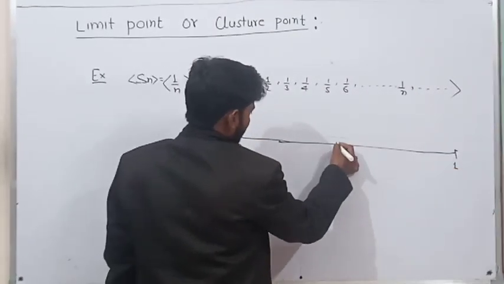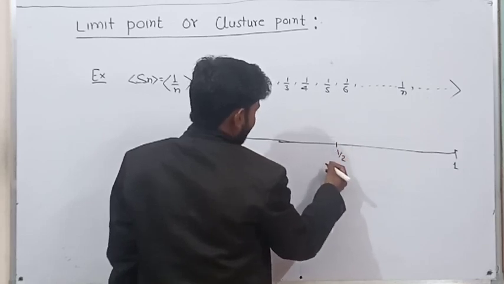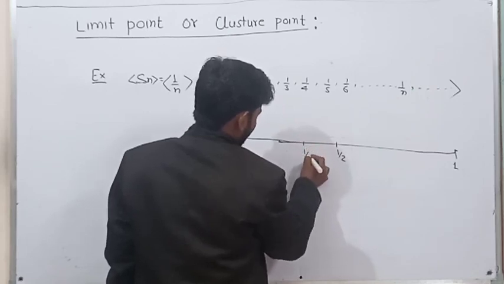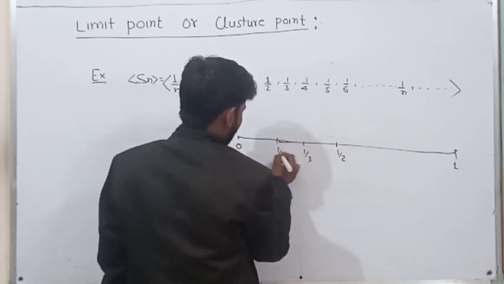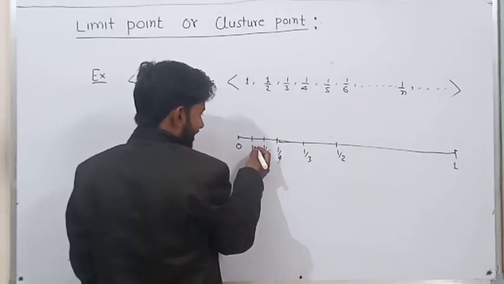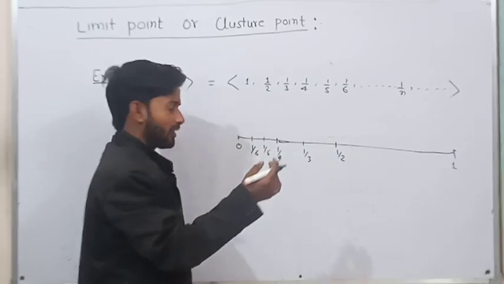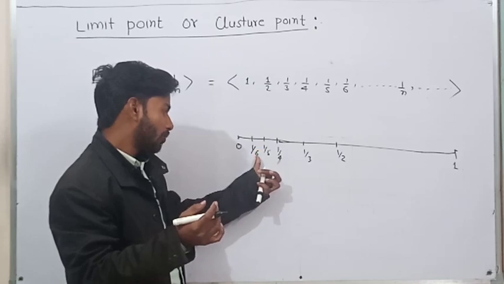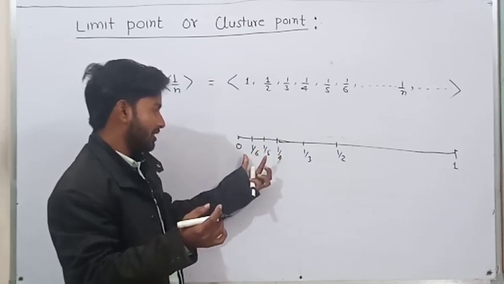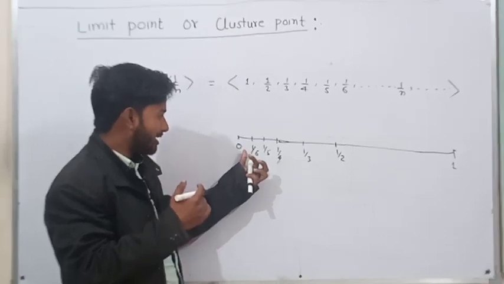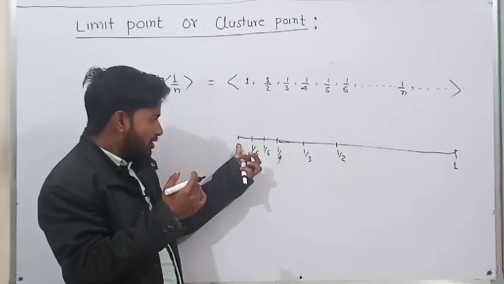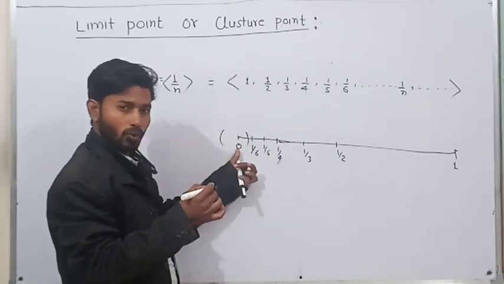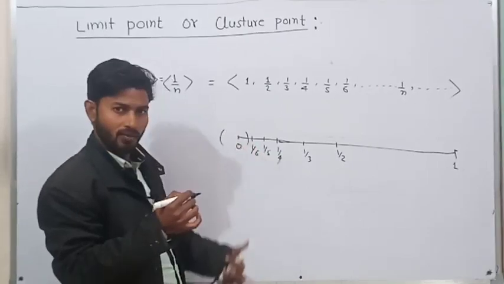Here is 1 by 2, 1 by 3 is here, 1 by 4 is here, and so on. If we increase the denominator, that is 1 by 7, 1 by 8, 1 by 9, 1 by 10, the values approach 0, and near 0 there are infinitely many terms.